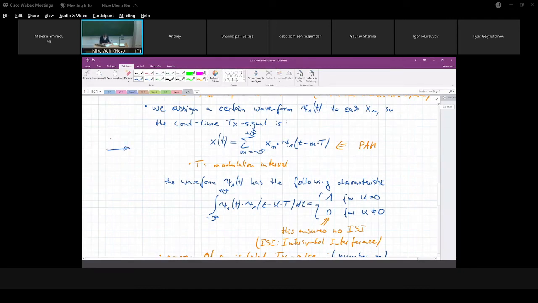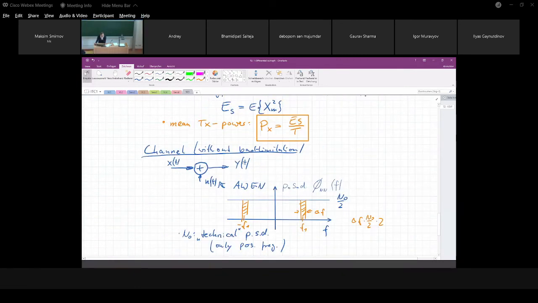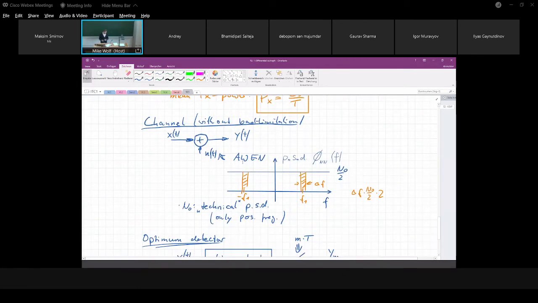Just for one, it's Xm, a certain value to be transmitted, and we assign a certain pulse shape, psi1 of t minus m times capital T. And this is one modulated pulse, an isolated pulse. But of course, we transmit a sequence. And now we transmit Xm and we receive Ym. Right? This is what we obtained until now.